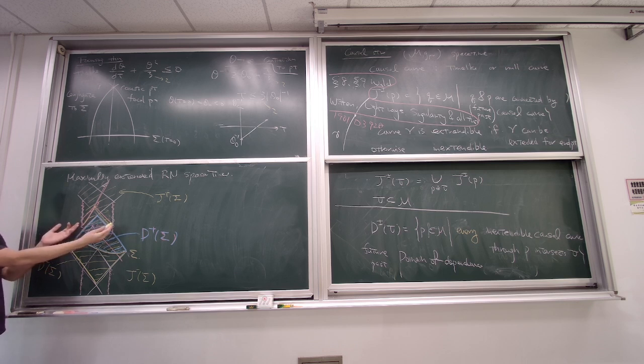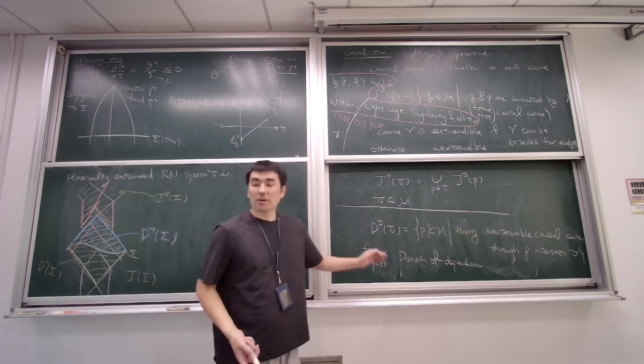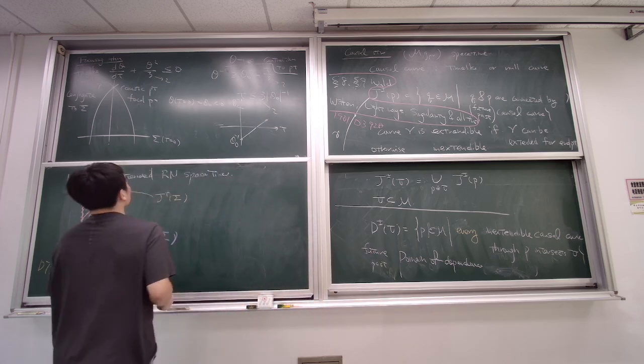So that information will affect the physics at the point P. Therefore, it's not in the future domain of dependence of sigma.